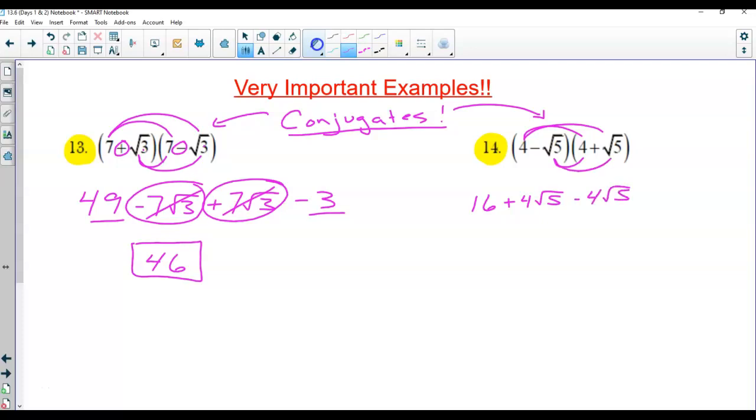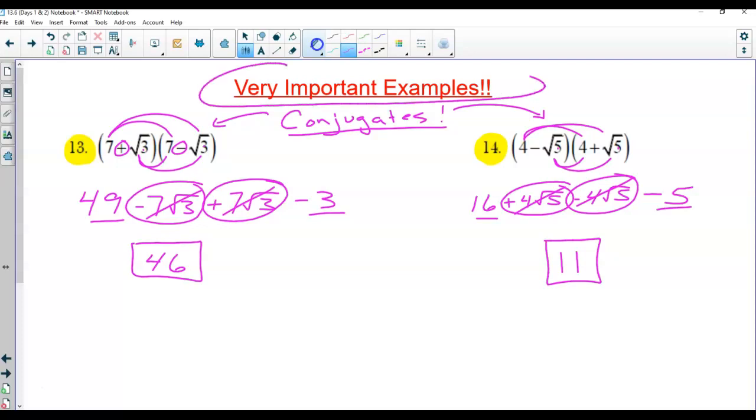And a negative times a positive gives me a negative, and the square root of 5 times the square root of 5 gives me 5. 16 minus 5 gives me 11. 4 square roots of 5 minus 4 square roots of 5, those cancel each other out, and I end up with just 11, okay? Very important examples for the last problems we do in division, all right?